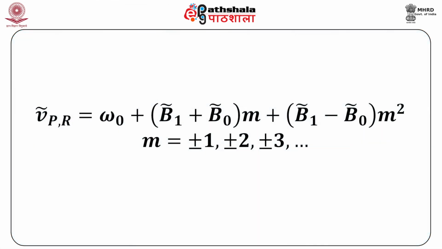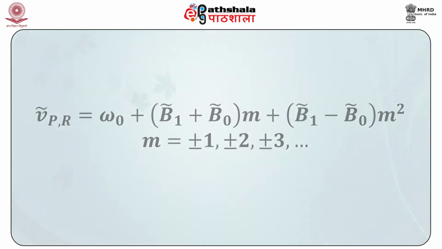So, we can combine both these equations because they are similar. In one case you have J double prime, the other one you have J prime, and we write down that the wave number of a PR band is given by nu equal to omega 0 plus (B1 plus B0) into M plus (B1 minus B0) into M square, and M can take on values plus minus 1, plus minus 2, because it is equal to J prime plus 1 or J double prime plus 1, and the lowest values of J prime or J double prime are equal to 0.